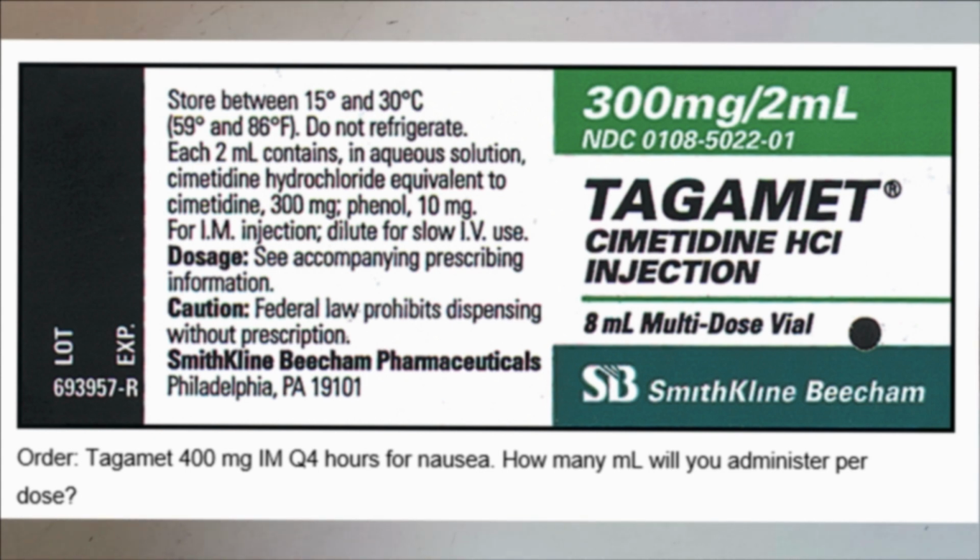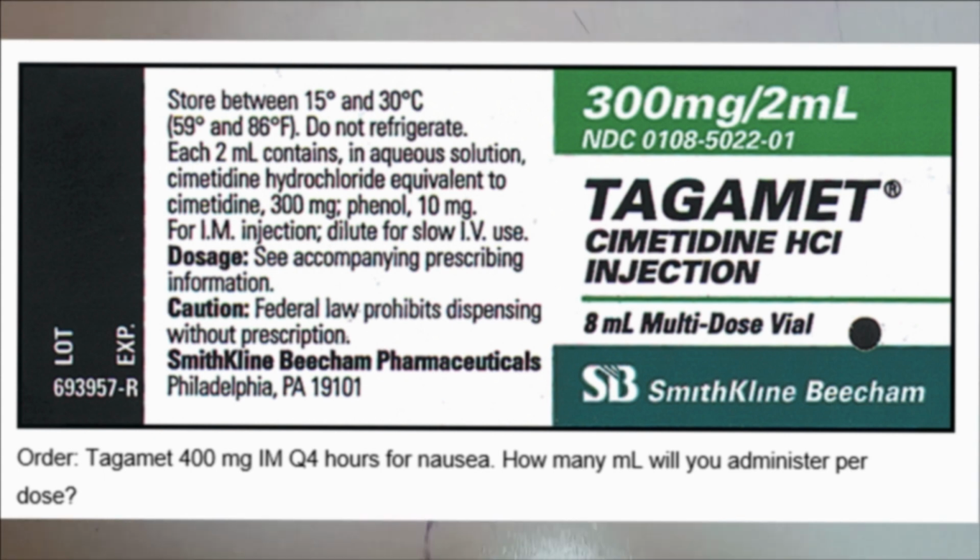How many milliliters will you administer per dose? Okay, so it says the label says 300 milligrams and 2 milliliters, Tagamet, and then it says cimetidine HCl injection. So cimetidine is your generic name, okay?